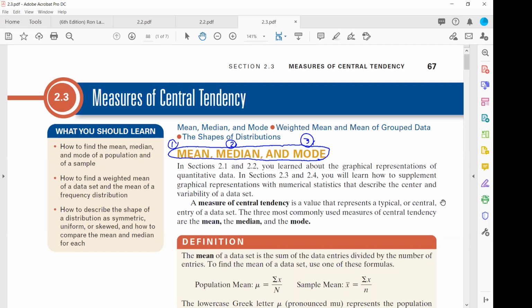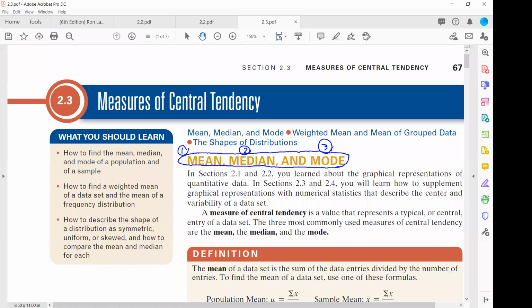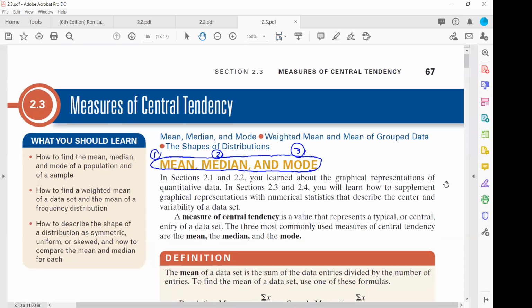In sections 2.1 and 2.2, you learned about graphical representations of quantitative data. In sections 2.3 and 2.4, you will learn how to supplement graphical representations with numerical statistics that describe the center and variability of a data set. A measure of central tendency is a value that represents the typical or central entry of a data set.